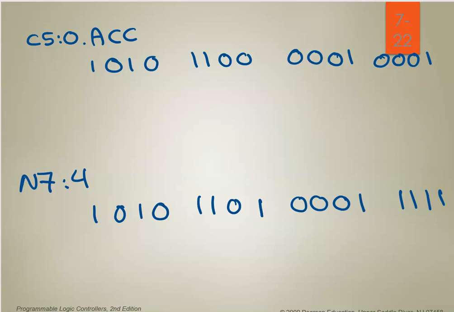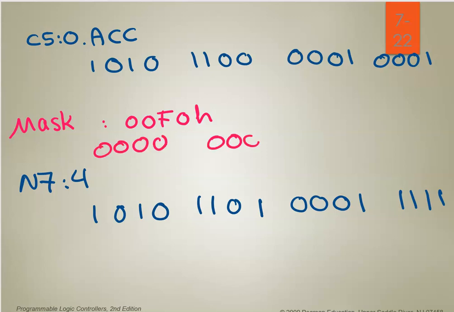Now I'm assuming that my mask number is 00F0. This is a hex number, so I have to describe its binary first. The binary of this 00F0 is equal to 0000 0000 1111 0000.